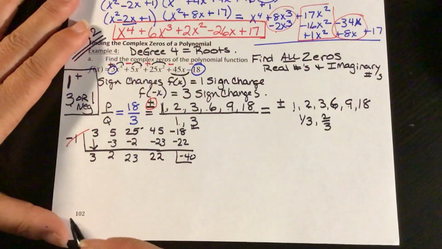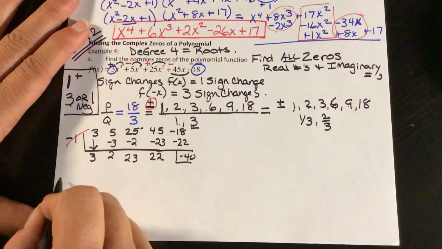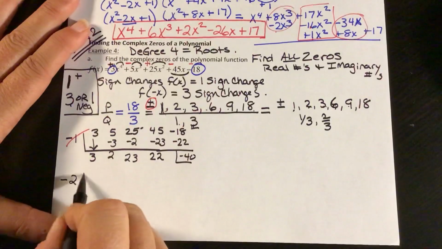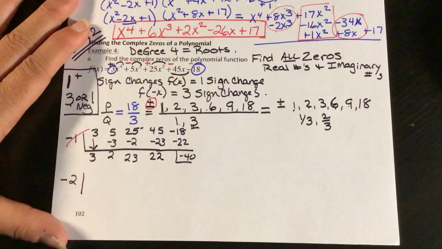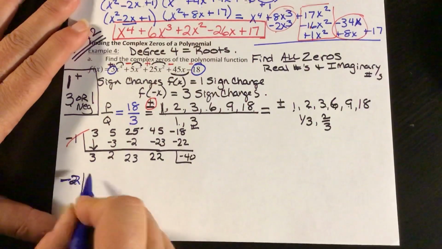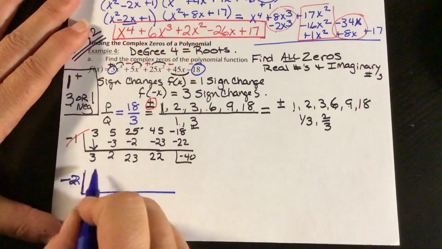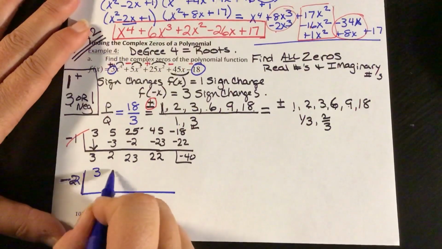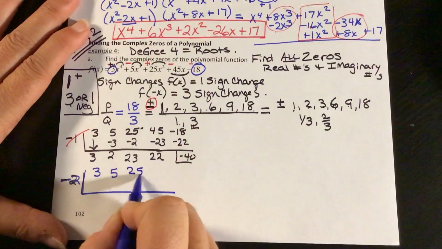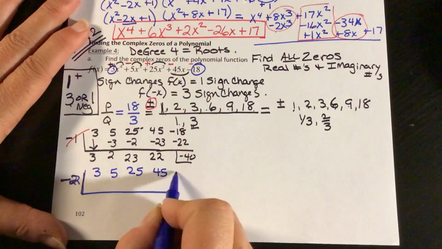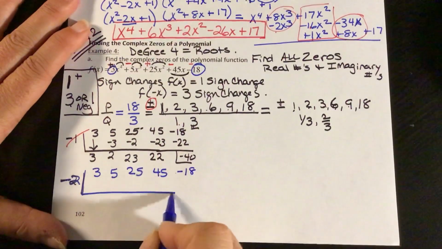All right, how about -2? Okay, again, trial and error. So let's do this. -2, same coefficients, 3, 5, 25, 45, and -18.